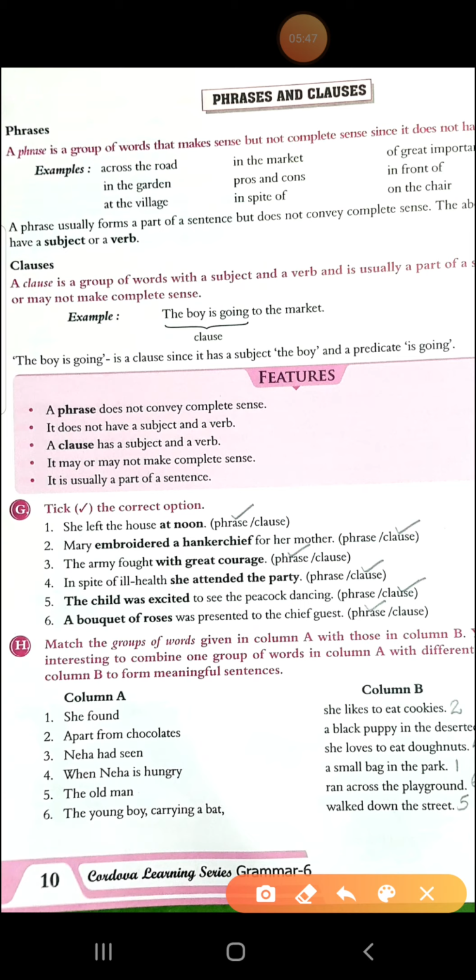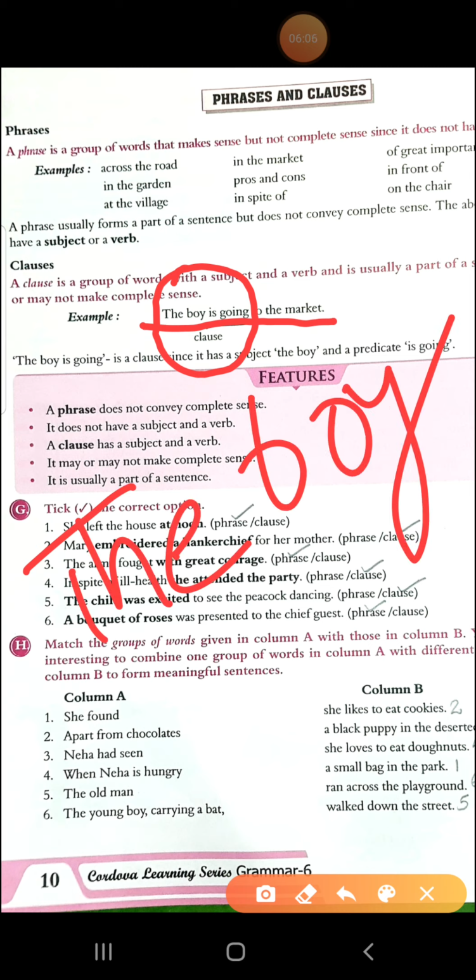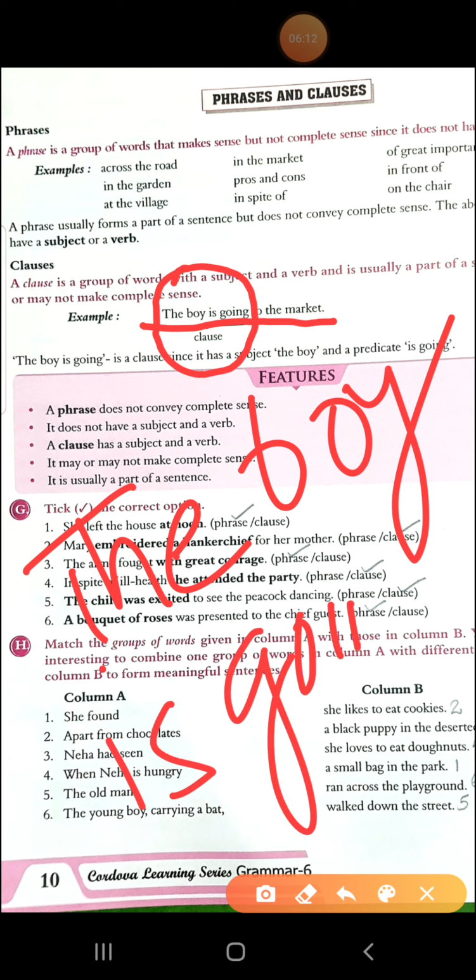Here in this example, see, the boy is going to the market. Here the boy is going, you can see this part is the clause. So you can see it is a part of this sentence, and the boy is your subject, and is going is your verb.